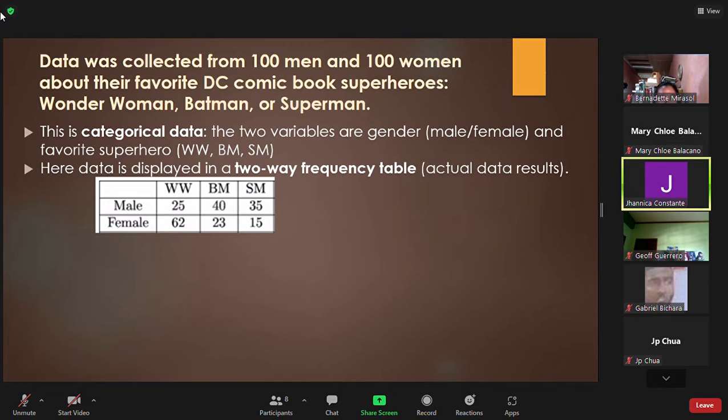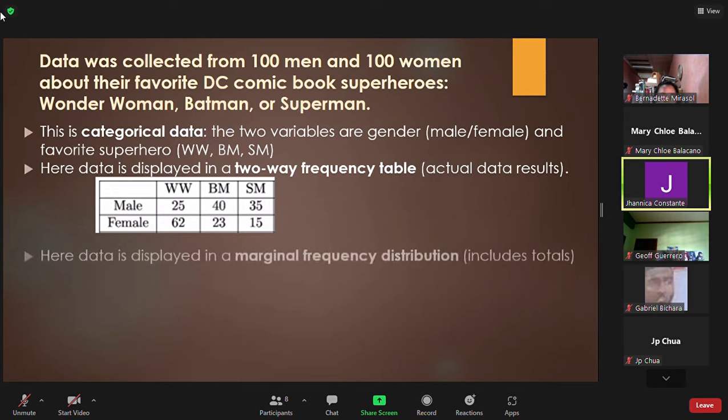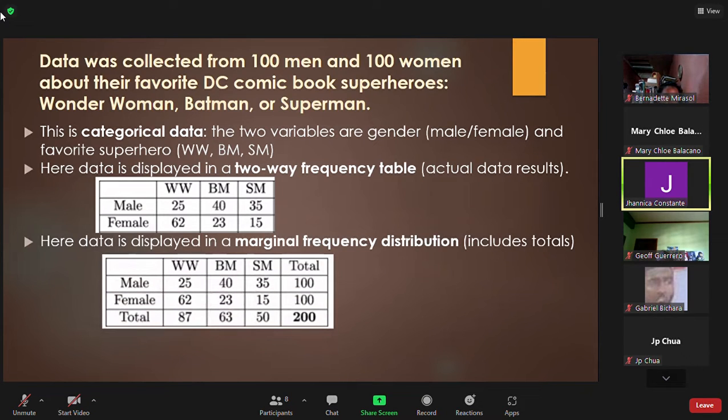For Batman, we have 40 and 23. For Superman, we have 35 and 15. This one that we have on the screen is just a two-way frequency table, but this other one is an example of the marginal frequency table.